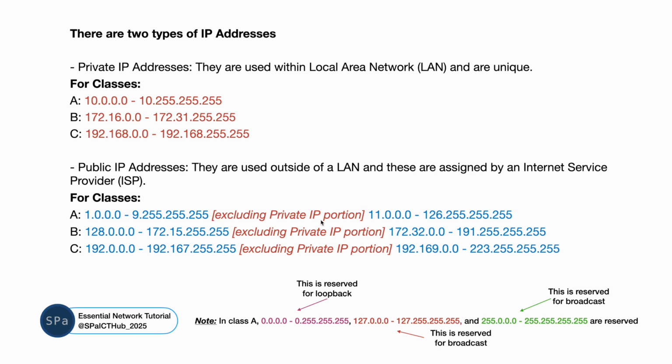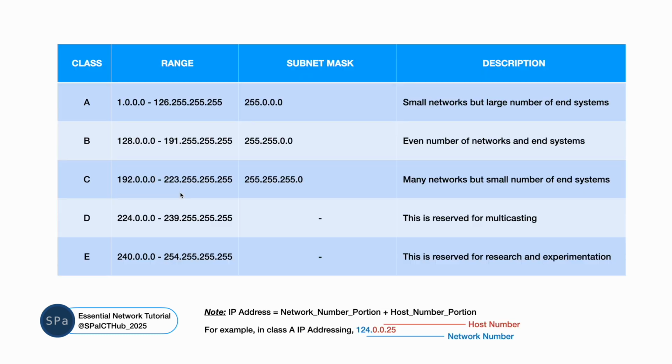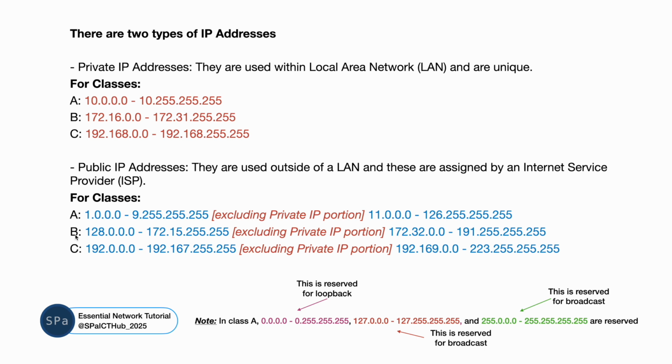I say excluded, meaning it's in between, sliced within the value range given to us from this table. Class B also has its own private IP portion. Class C equally has its own private IP portion. And of course, public ranges from here and jump from here to this one.